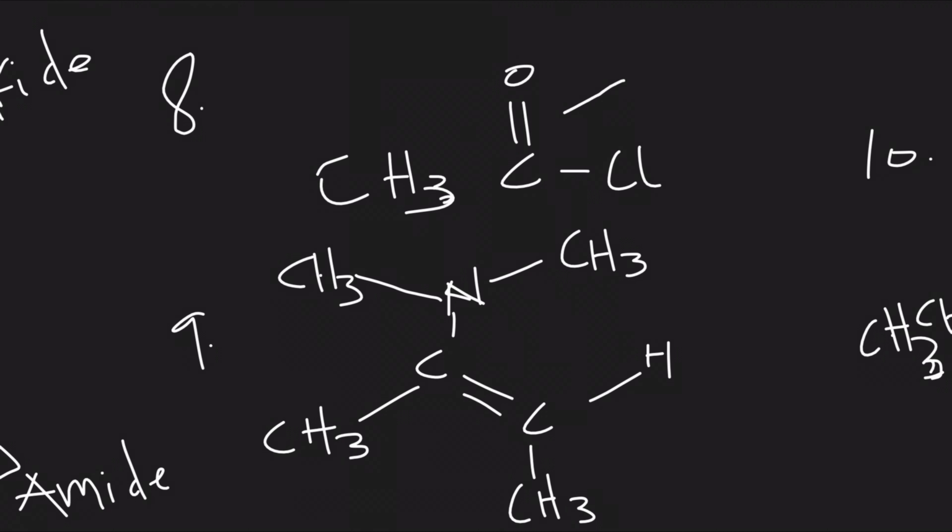Now for number 8, this I think is very easy to deduce. We have a carboxylic acid moiety, and we've replaced the OH with a chloride. And what does it remind you of? Carboxylic acid chloride.